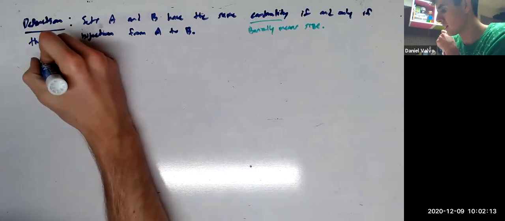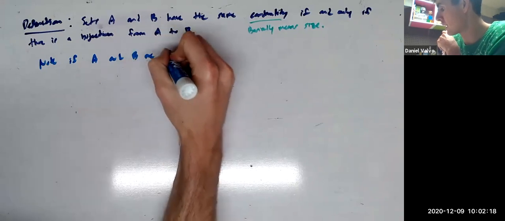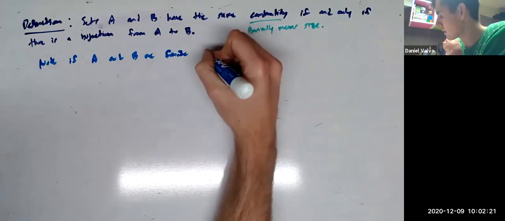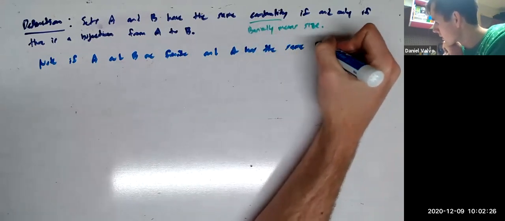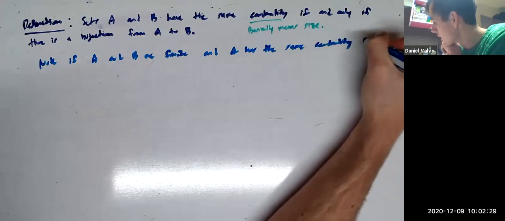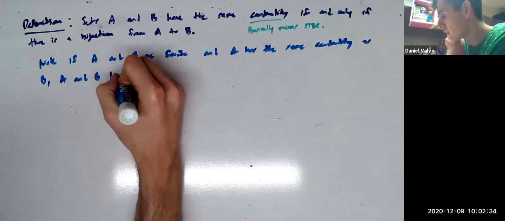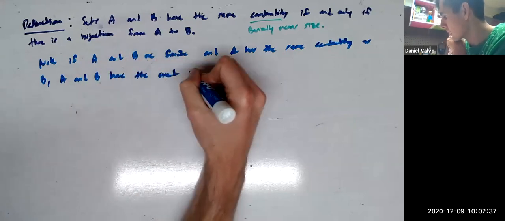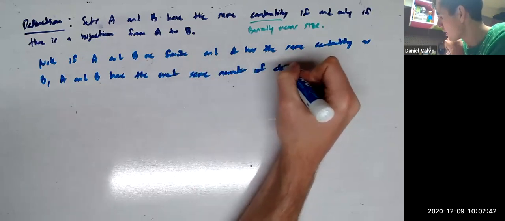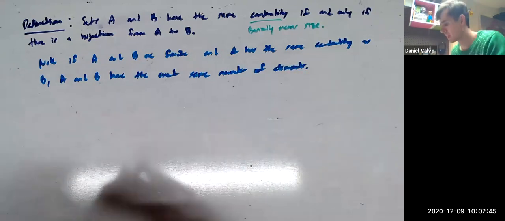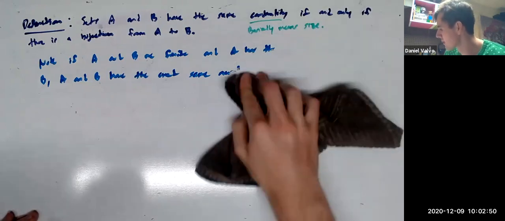Note, if A and B are finite, as in they have a finite number of elements, and A has the same cardinality as B, A and B have the exact same number of elements. That's just a fact, but it gets much more interesting once you're dealing with infinite cases.